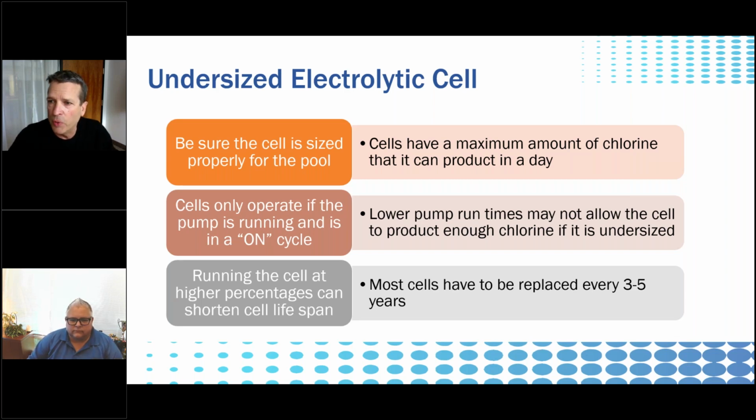One of our viewers said frequent applications of low and slow to compensate for the high pH produced by salt systems will frustrate some pool owners. What's a simple way to deal with this and help stabilize the pH? That's a kind of tricky question for anybody that doesn't know.